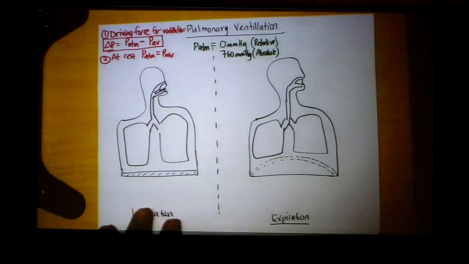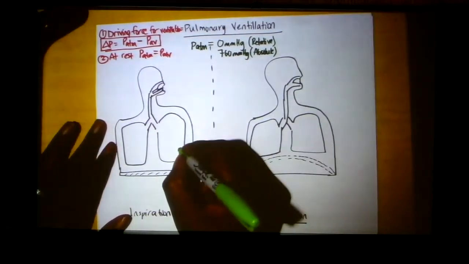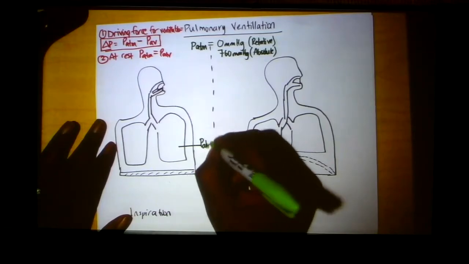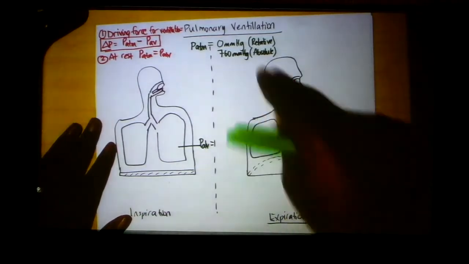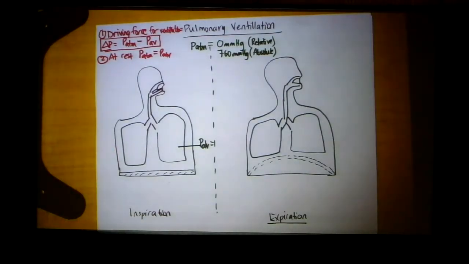Now, during inspiration, the alveolar pressure, the pressure inside the alveolus here, is going to be greater or less than this zero, greater or less than the atmospheric pressure for inspiration? Think about that pressure gradient.